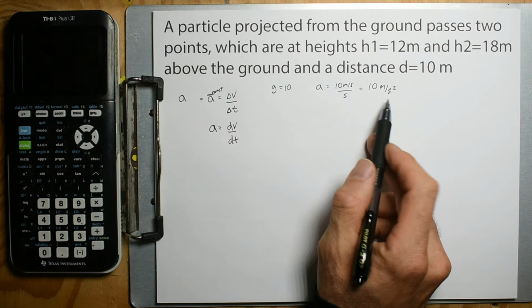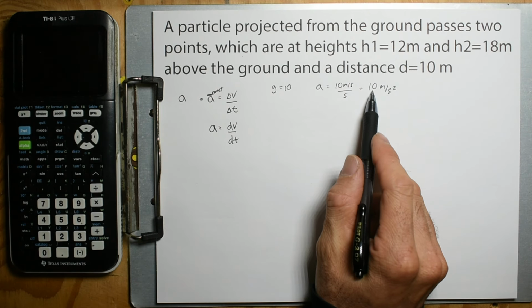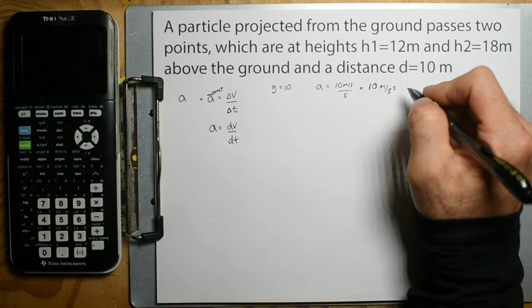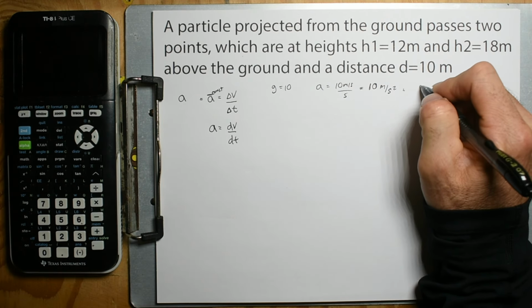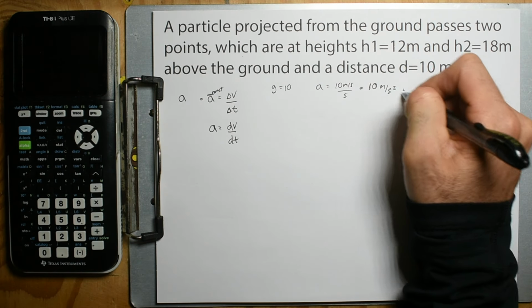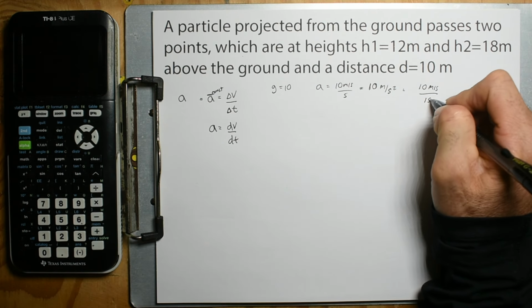You can graduate without realizing that this is a horrible way to write this, because it's not intuitive and it doesn't explain anything. It doesn't explain that you're going to have a change of 10 meters per second of your velocity every 1 second.